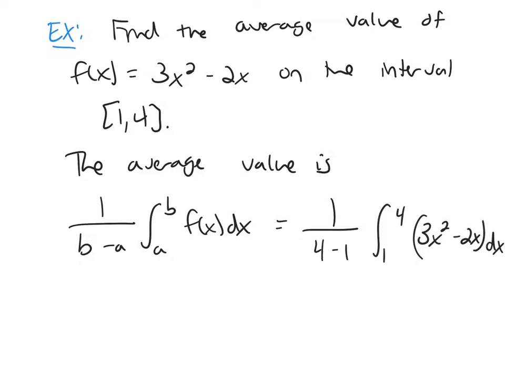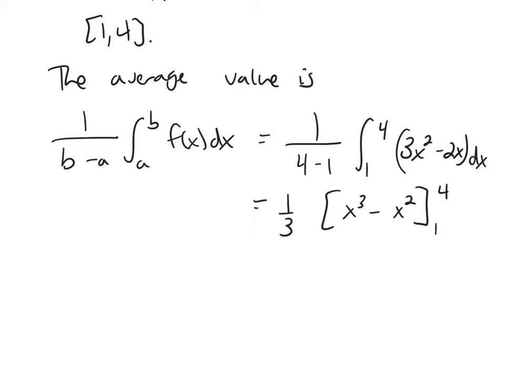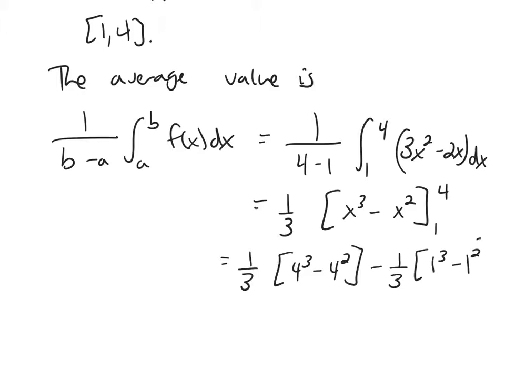So here we're going to compute this. Now we get 1/3 the antiderivative of 3x squared, x cubed minus x squared. And remember, you plug in top number minus bottom number, 1 cubed minus 1 squared.